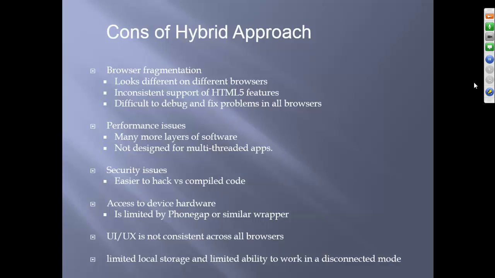Then the browser code needs to call PhoneGap code, the wrapper code, or an equivalent wrapper technology that provides access to the platform SDK, which then goes to the operating system. So there's a lot more software that you're executing. And mobile devices, while the CPUs have improved a lot, still tend to be pretty slow. So there's a lot more code that needs to be executed.